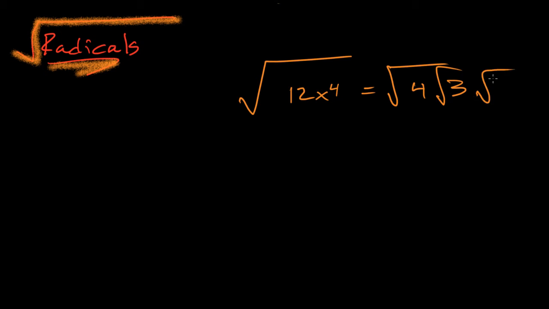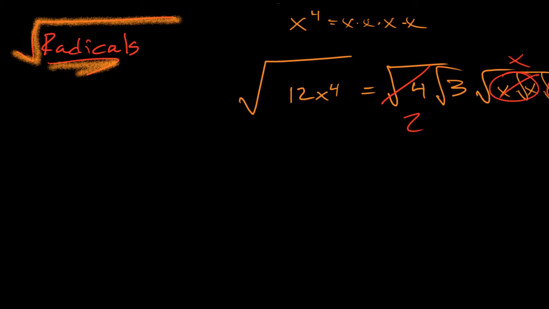And the factors of x to the fourth, well, x to the fourth is just equal to x times x times x times x. So I'm going to list the products that make x to the fourth like that. And I know the square root of 4 is 2, so this is 2. The square root of x times the square root of x will just make x, and the square root of x times the square root of x will just make x here.